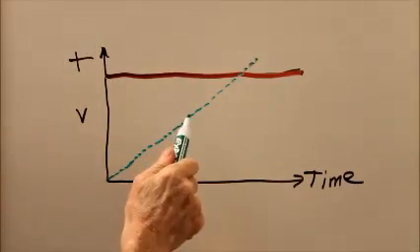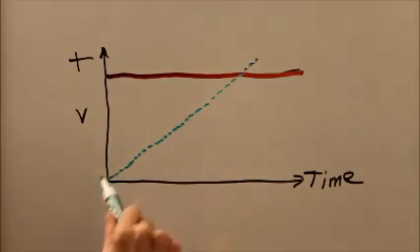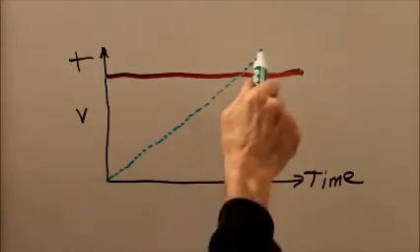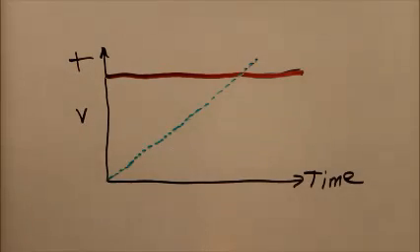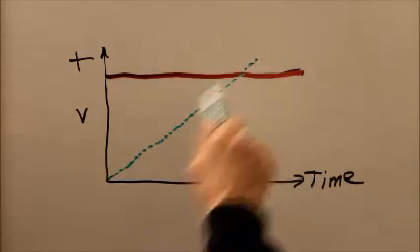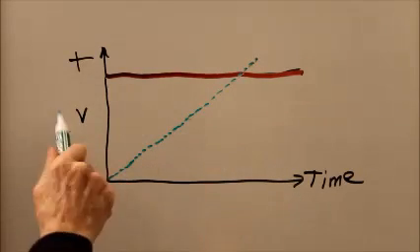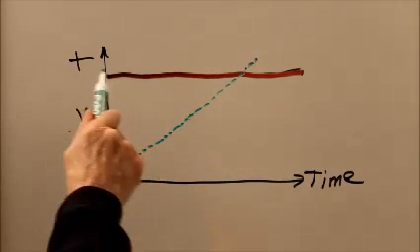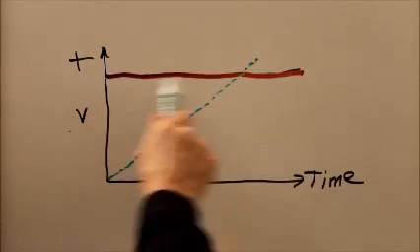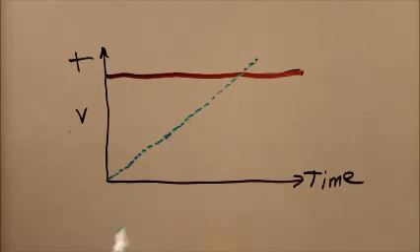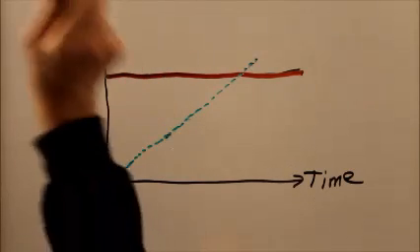Here, if we differentiate this, we get this. We are using just relative terms here. If we differentiate a steadily upward sloping line for the function of voltage versus time, we're going to get a steady slope, which is positive. So this is the integral of that.